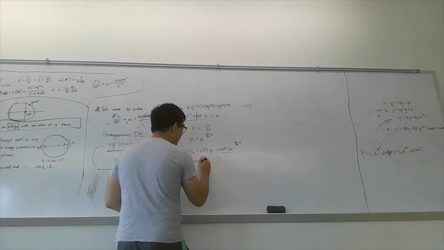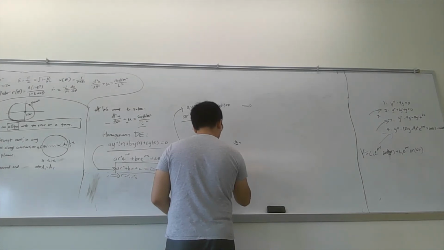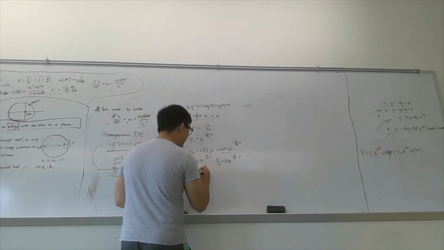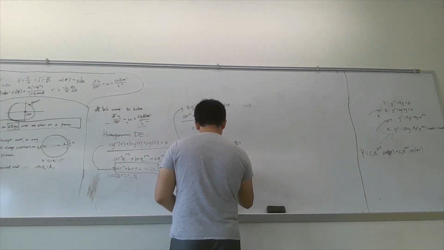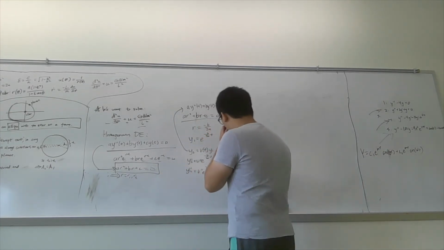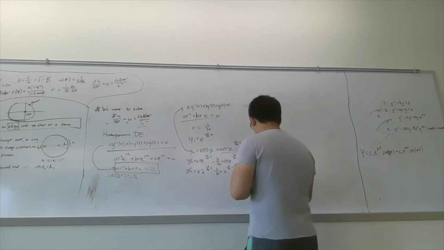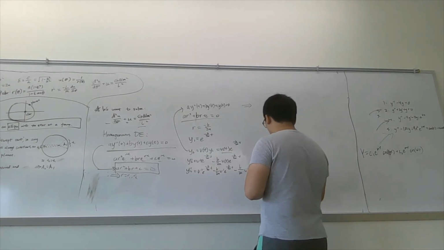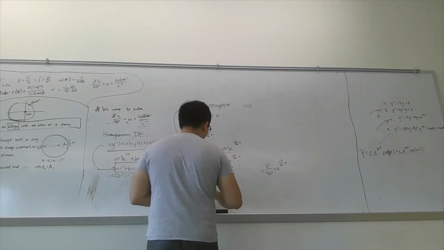So the first derivative will just be, and the second derivative will be, and these two terms right here will just combine into negative b over a.